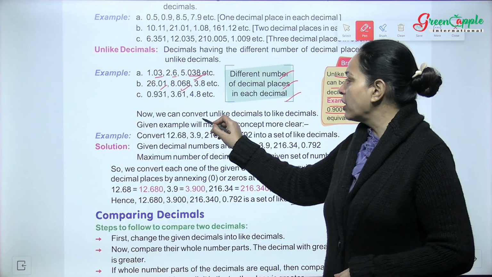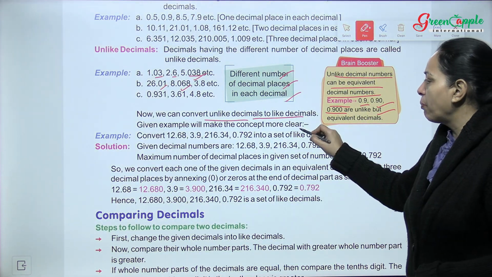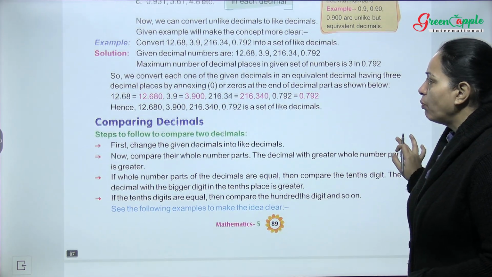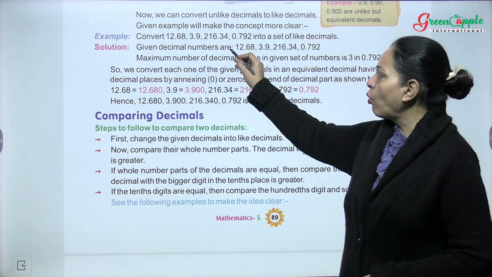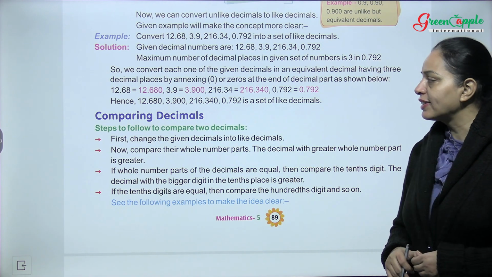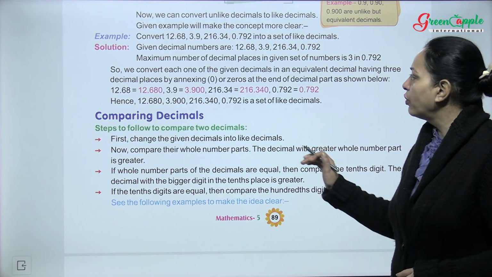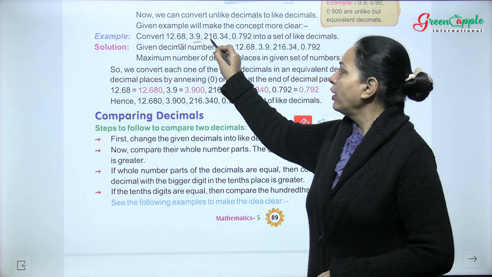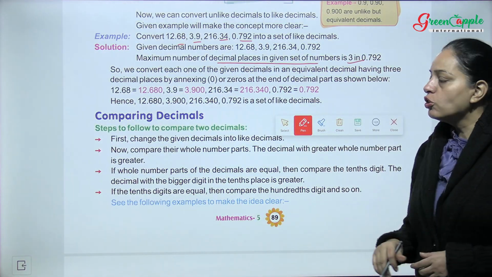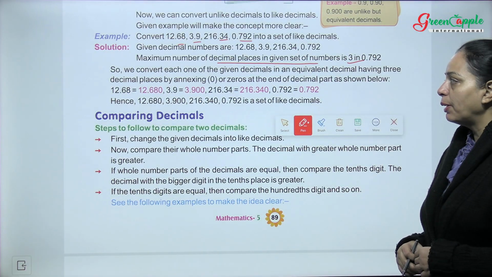So now we can convert unlike decimals to like decimals. An example will make the concept more clear. Example: convert 12.68, 3.9, 216.34 and 0.792 into a set of like decimals. First see which is the maximum number of digits. Here we have 2, here 1, here 2, here 3. So the maximum is 3. It means convert all the decimal numbers into 3 decimal places.